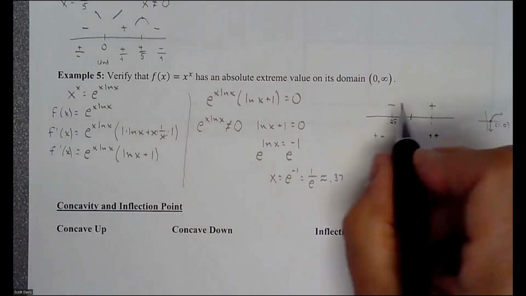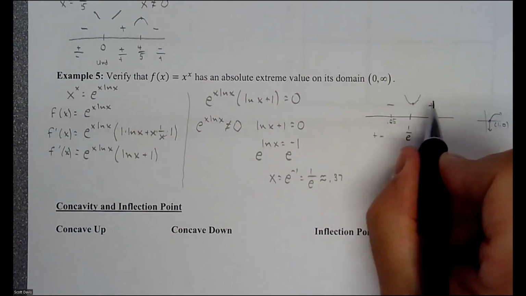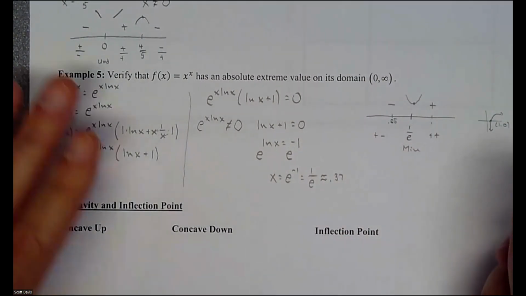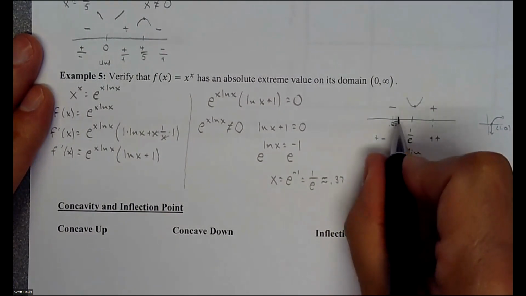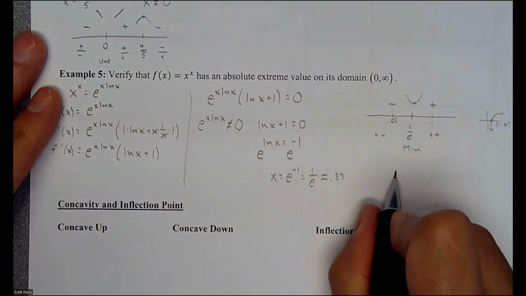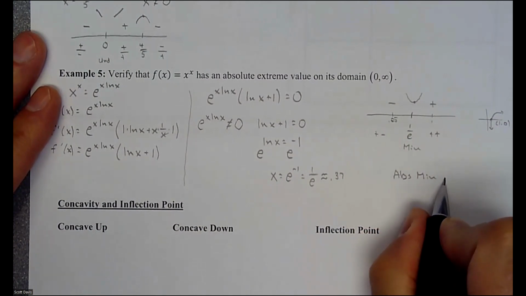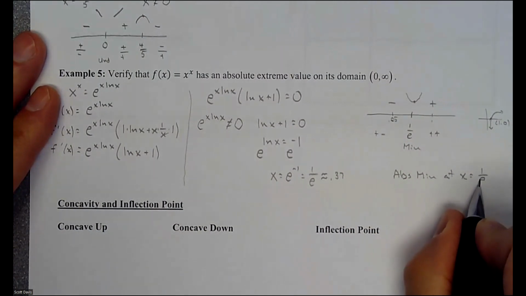So those are going to be positive. So you have a negative slope transitioning to a positive slope. So that means we're going to have some sort of a minimum going on there. So we'll probably have an absolute minimum because we don't have any graph that doesn't come back down. So we have an absolute min at x equals 1 over e.